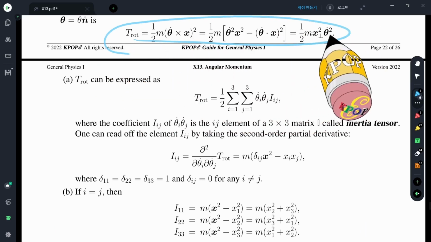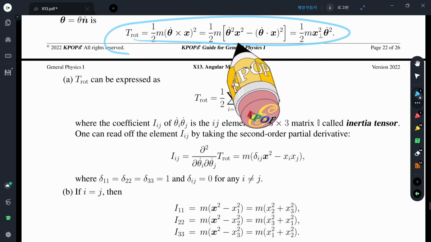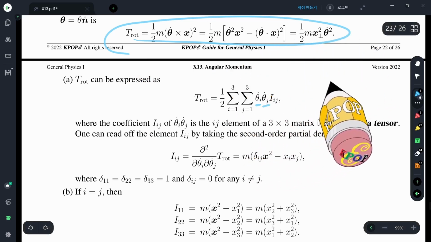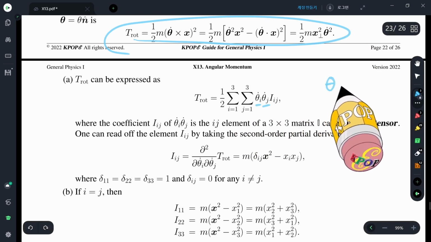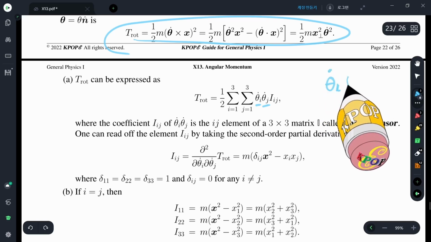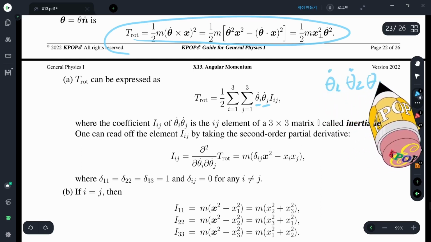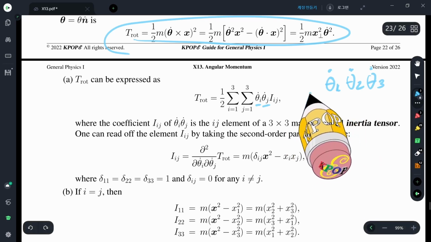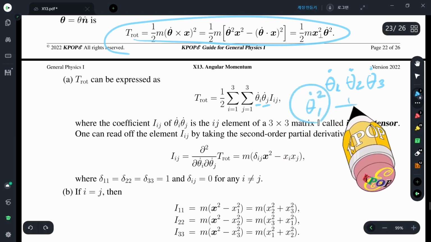This formula states that if we expand everything together, we can expand in terms of the Cartesian components theta 1 dot, theta 2 dot, and theta 3 dot. Kinetic energy is not expressed as just theta 1 dot squared and nothing else.